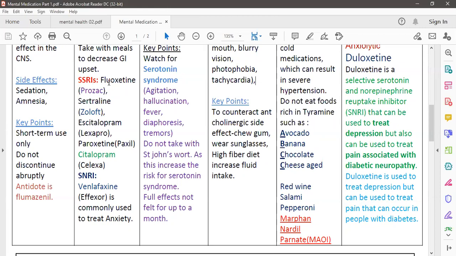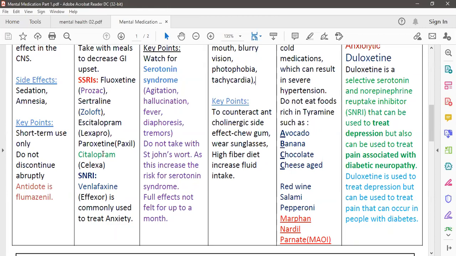A little bit of information about Prozac or fluoxetine. Prozac can cause suicidal ideation, especially in children. Also, fluoxetine should be given early in the day as it causes insomnia. And citalopram, or Celexa, causes sedation.